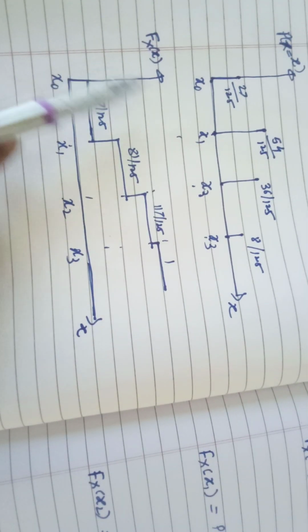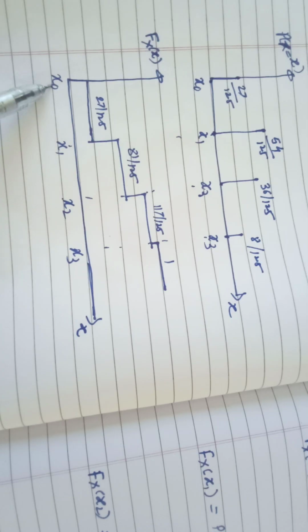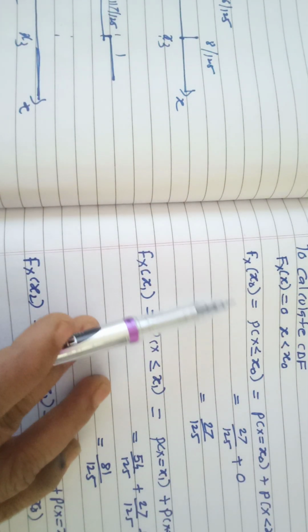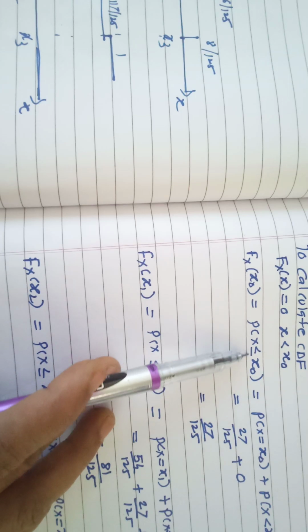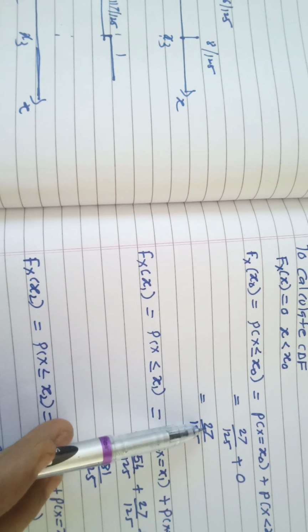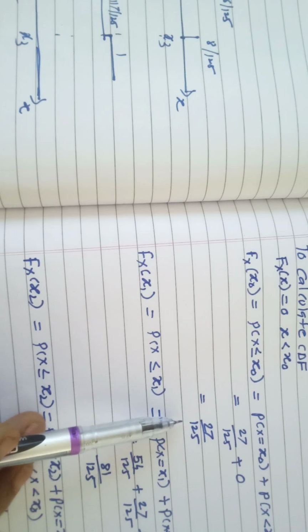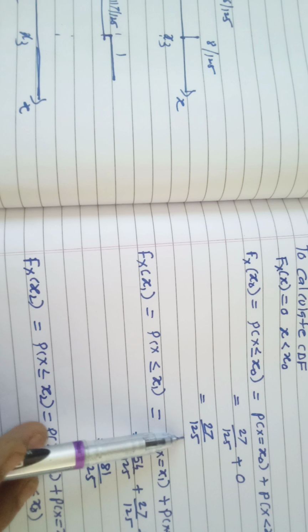Now the CDF F_X at x0 is equal to 27 by 125. That means up to x0, it is equal to 27 by 125.